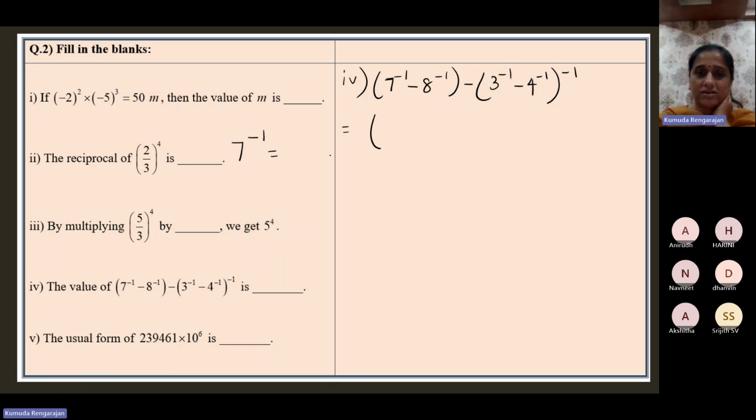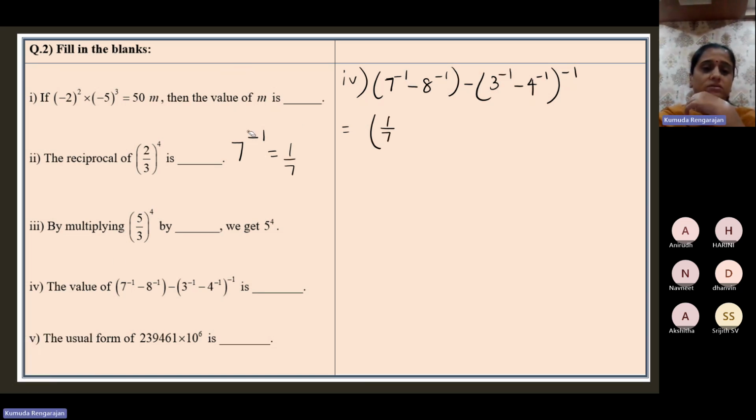Reciprocal of the base. The base is 7, which is 7 by 1. Reciprocal of the base, 1 by 7. Negative of the power, plus 1. If the power is 1, you don't have to show that. So 7 to the power minus 1 is 1 by 7.